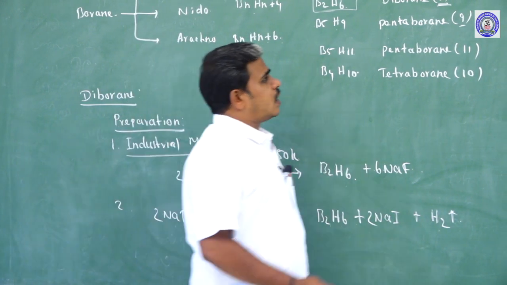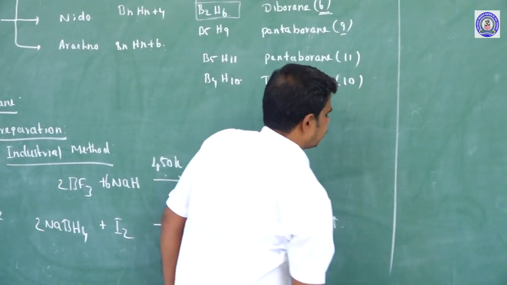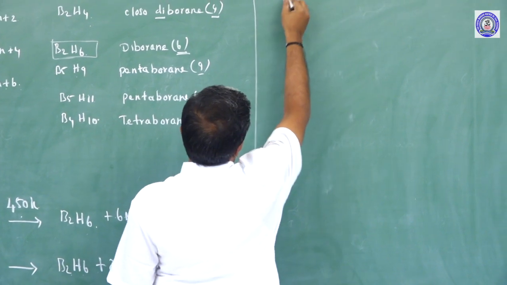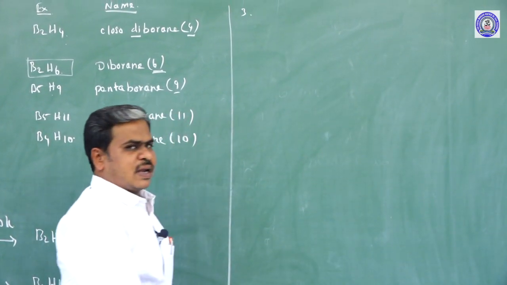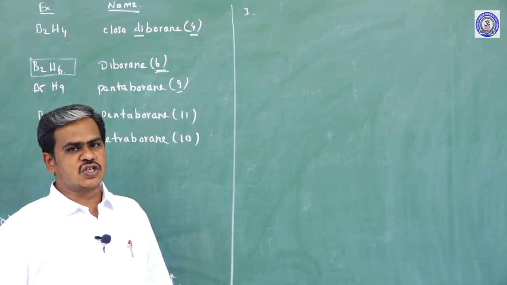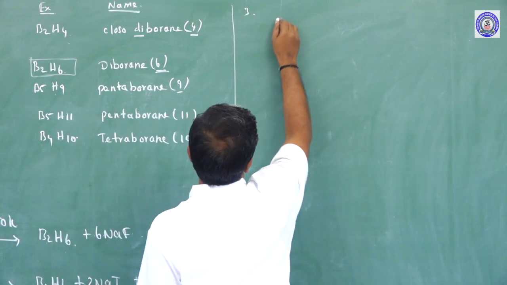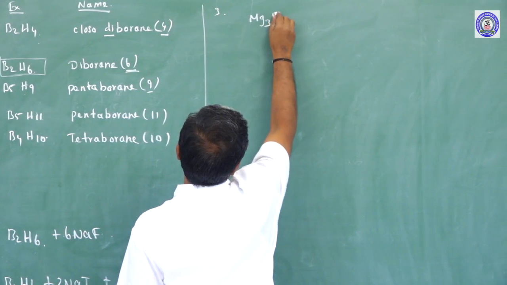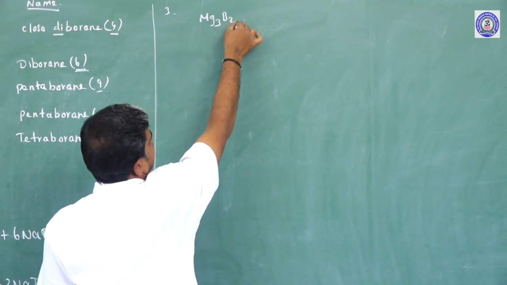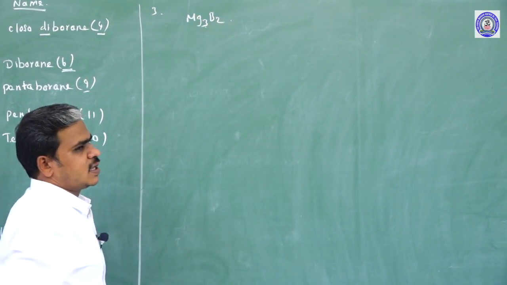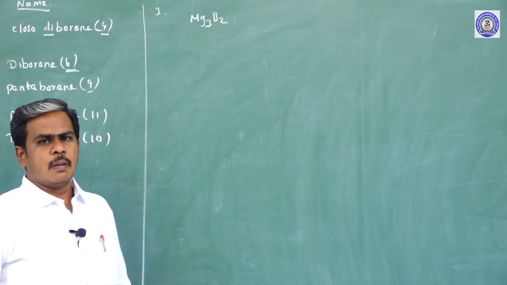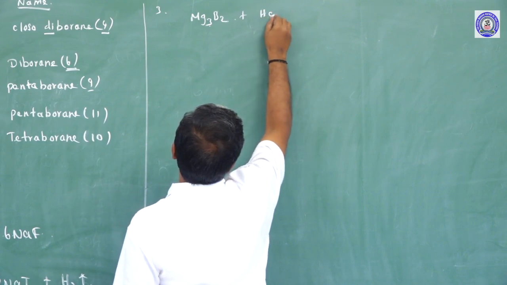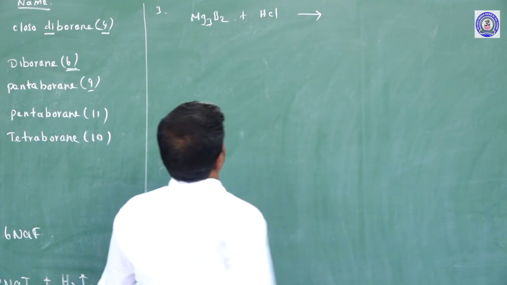Then the third preparation method. The next preparation method we take from magnesium boride. What is magnesium boride? That is Mg3B2. Magnesium valency 2, boron valency 3. Magnesium boride is treated with hydrochloric acid.